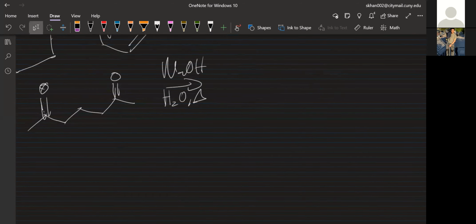So we could draw the product first, and then go into a mechanism, because that's usually how a mechanism question is asked: you need to see the product so you see what you're getting.